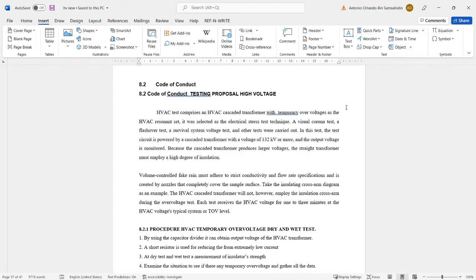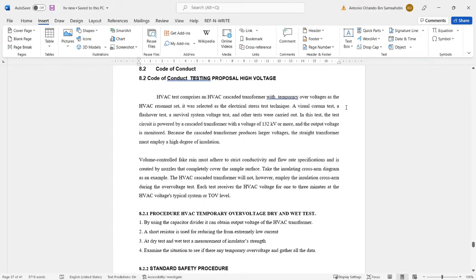In this test, the test circuit is powered by a cascaded transformer with a voltage of 132 kV or more, and the output voltage is monitored. Because the cascaded transformer produces larger voltage than a straight transformer, it must employ a high degree of insulation.